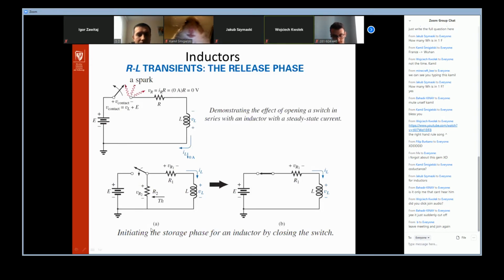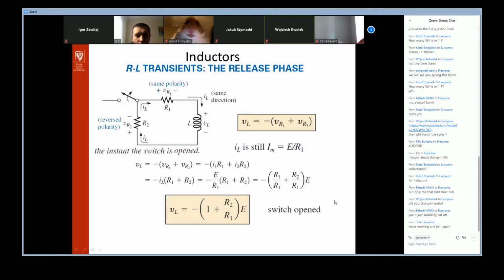That's right. And what we have here at the first moment, we can say that the inductor is like an open circuit, and we generate VL at the maximum value. What happened when we open the circuit here?